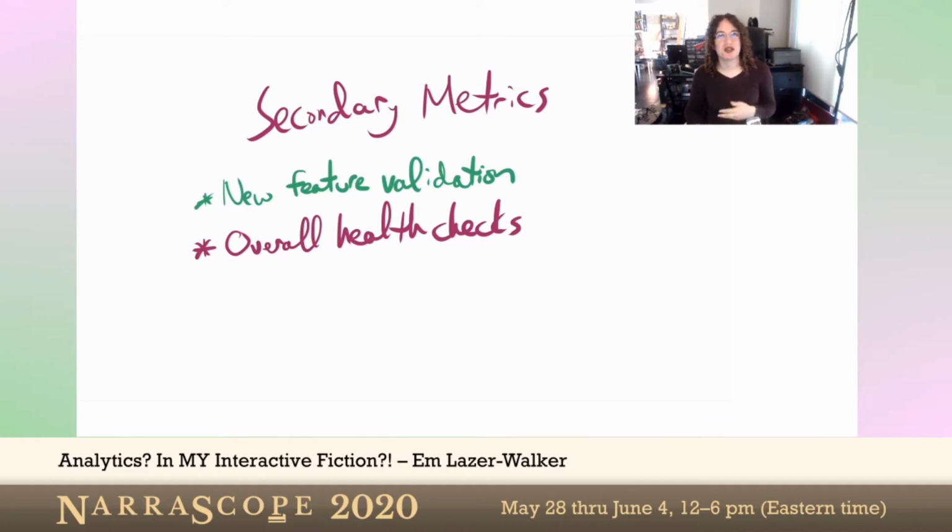If that number got way lower or way higher than usual, either over an entire day or even by noon it hasn't gotten where it usually has, that's a really good sign that maybe we shipped out some bad code that's breaking the game, or some new feature that we just launched is really not doing what it's supposed to and is actively hurting things, or even there's a real world event that's affecting things that we need to look into and think about.